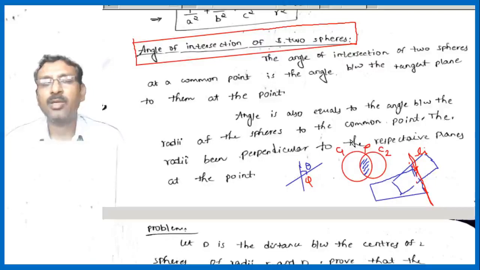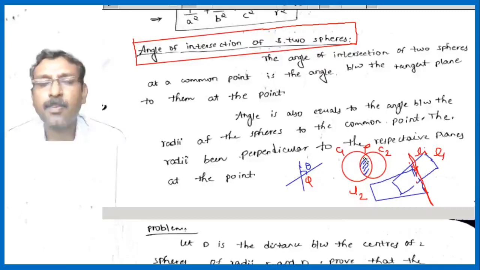I take two planes which are tangent planes to the spheres. Here L1 is the tangent plane to the sphere C1, L2 is the tangent plane to the sphere C2.